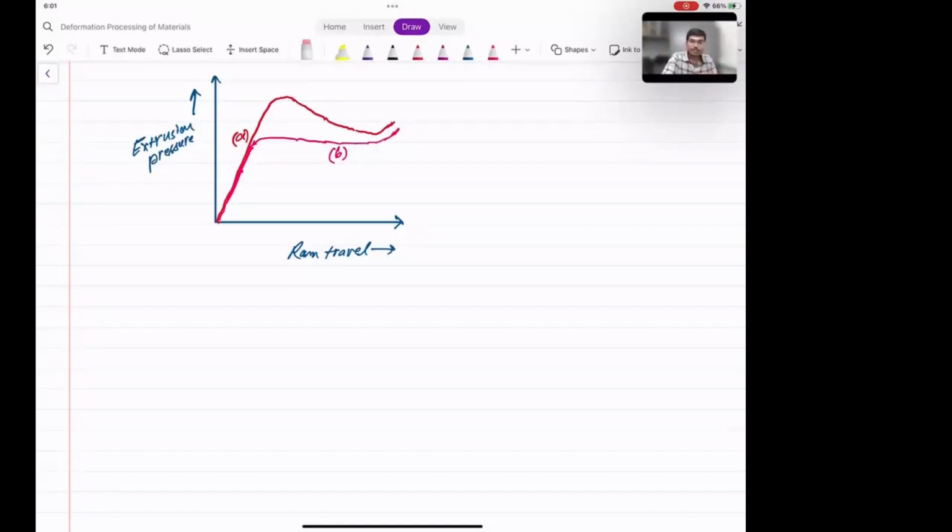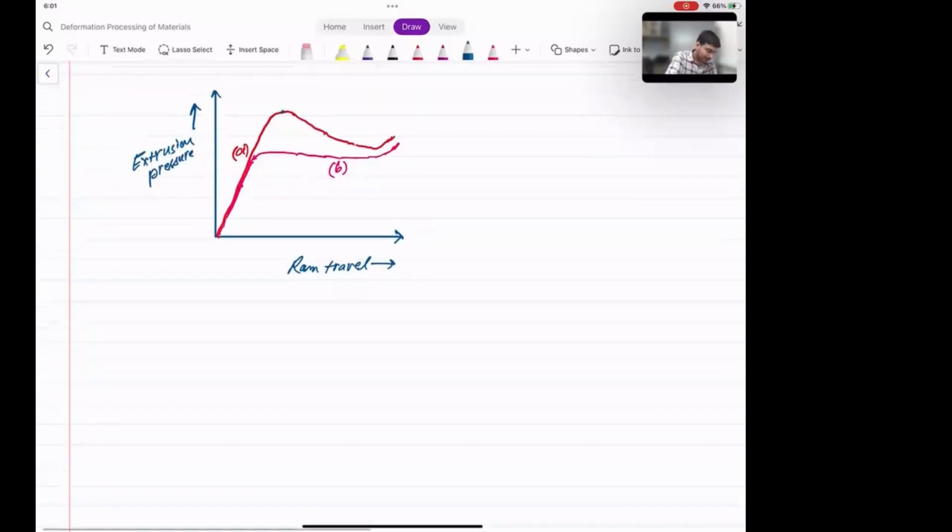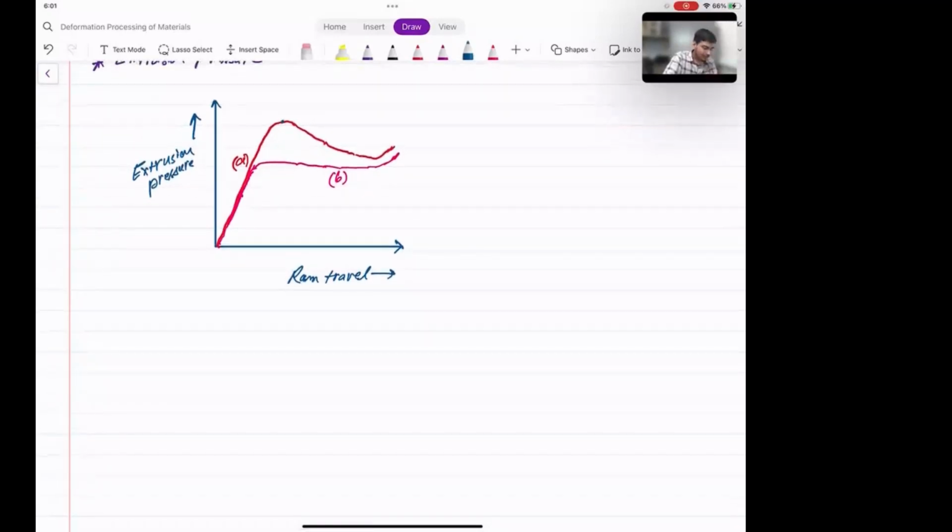Once the container gets filled, the pressure value reaches the maximum value, which is known as breakthrough pressure. So this will be a point of breakthrough pressure.